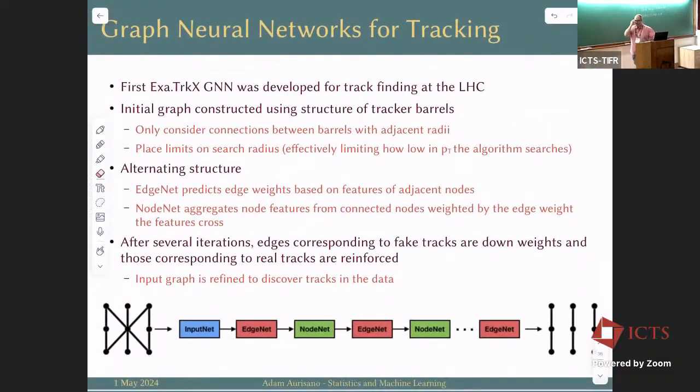This was used to pretty great effect by Exatrkx to try to find tracks in the Large Hadron Collider. It basically is an iterative network where it does operations on edges and then operations on nodes until eventually it upweights edges that are real and downweights edges that are false, and essentially a cloud of tracks emerges from your initial graph.